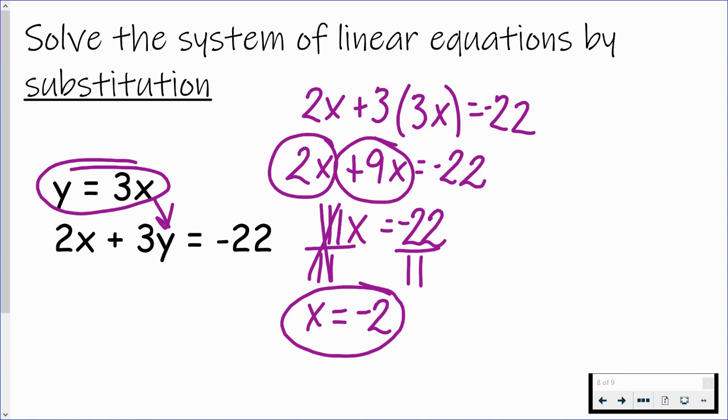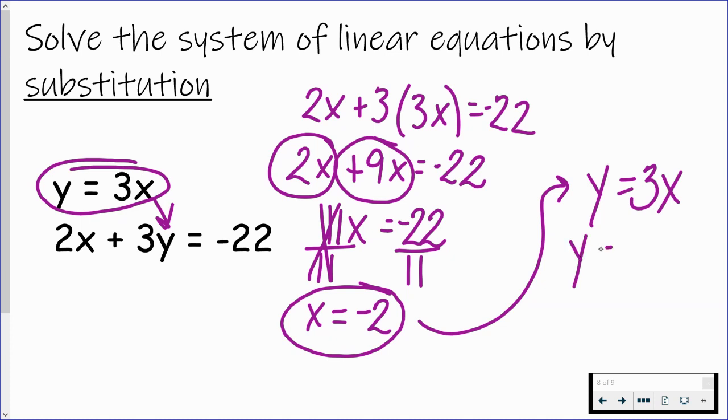Again, maybe look for the friendlier one, which in this case would be the y equals 3x. I'm going to plug in the negative 2 for the x value, so y equals 3 parentheses negative 2. And 3 times negative 2 is negative 6.